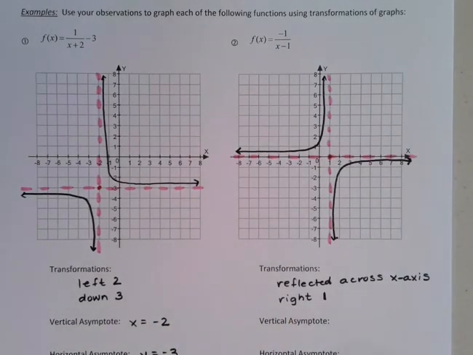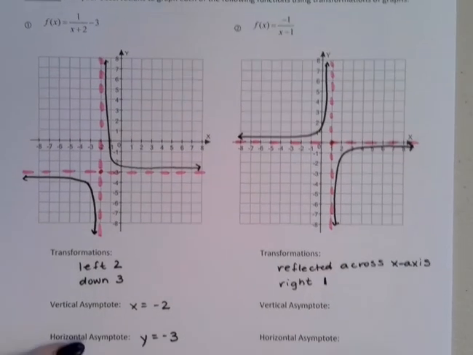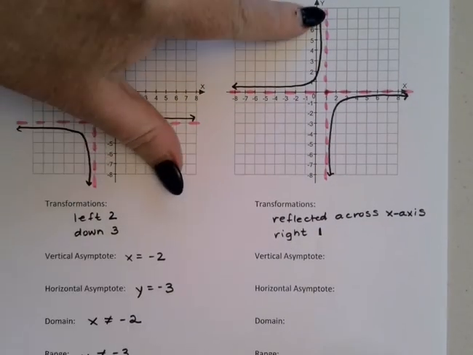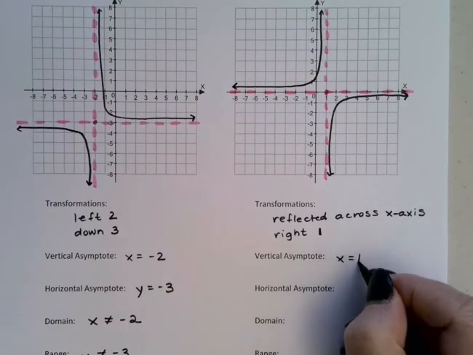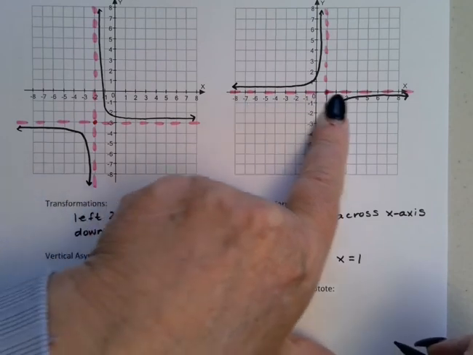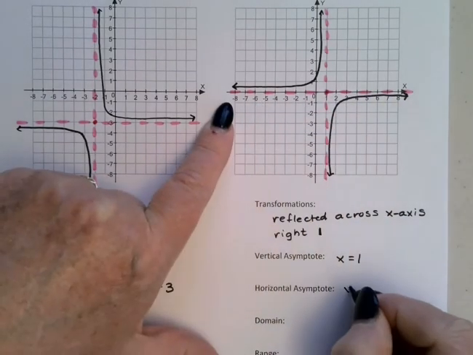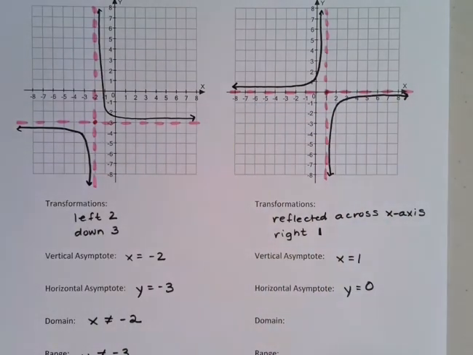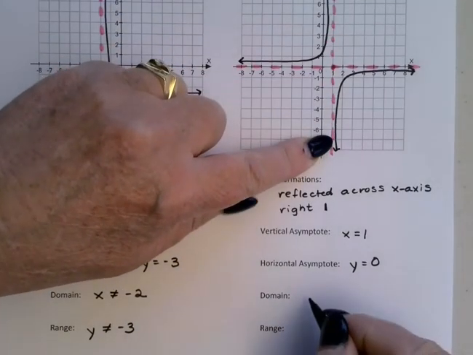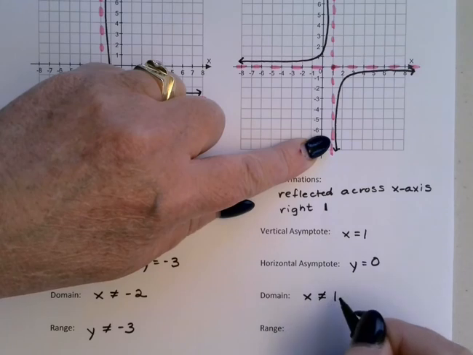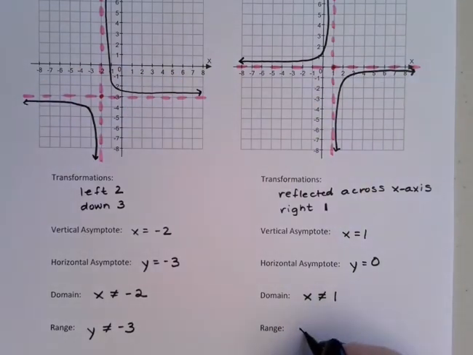Again, if we wanted a super accurate graph, we could always do it on a calculator or computer. My vertical asymptote right here is at an x value of 1. And my horizontal didn't move. It's still at y equals 0. So for the domain, x values never equal 1. And the range, y values never equal 0.